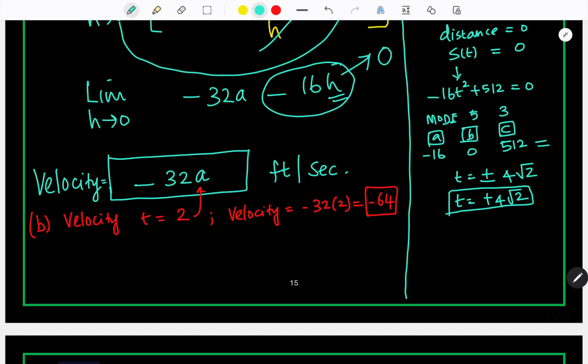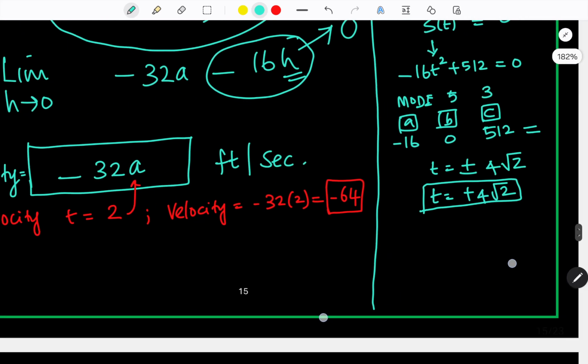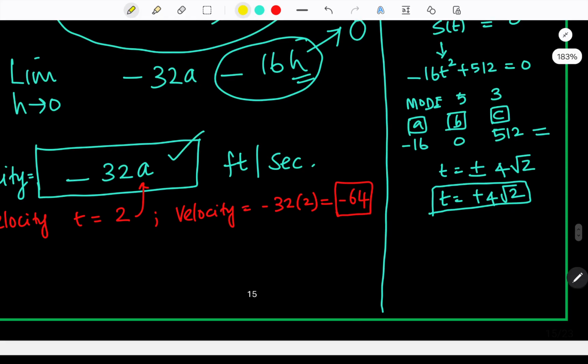Now we are going to calculate the velocity at the time 4 root 2. Because they are asking the velocity, this is the minus 32a. So velocity is equal to minus 32 times 4 times root 2.